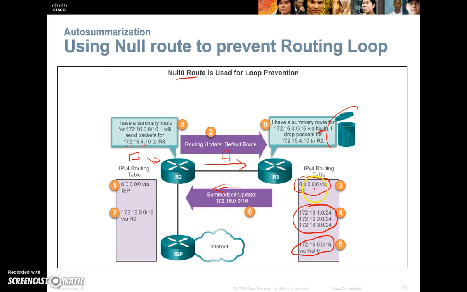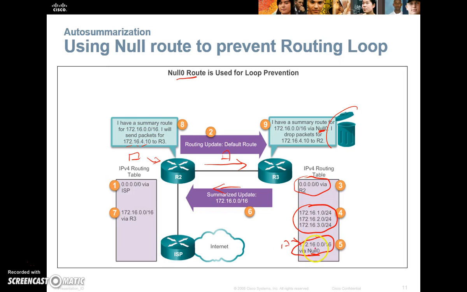Instead of going to the default route, which would pass the packet back to R2, because R3 has the 172.16.0.0/16 Null 0 route in the routing table, it will send the packet to the Null 0 interface, because 172.16.4 is actually part of this network.